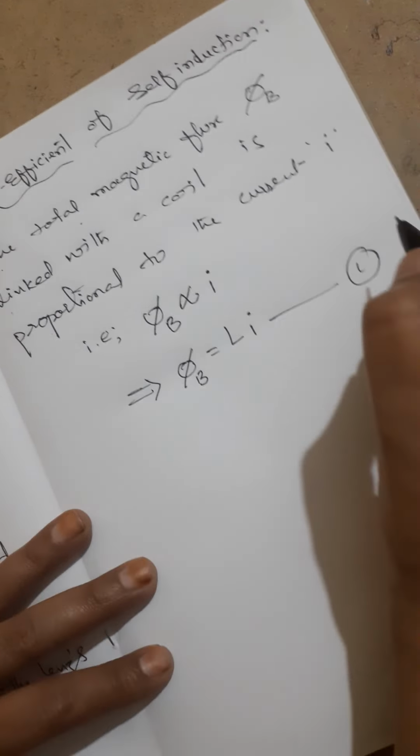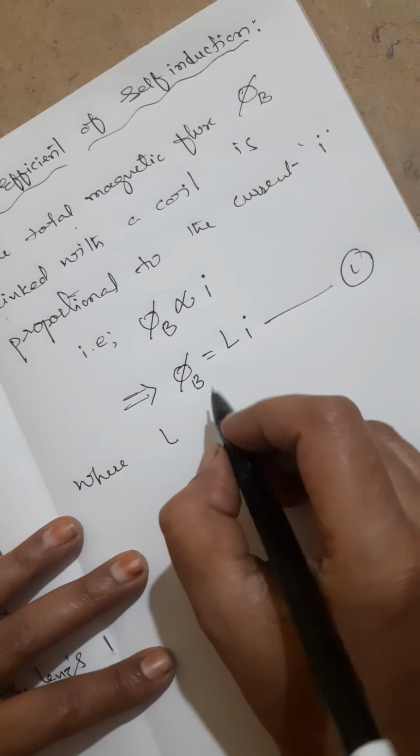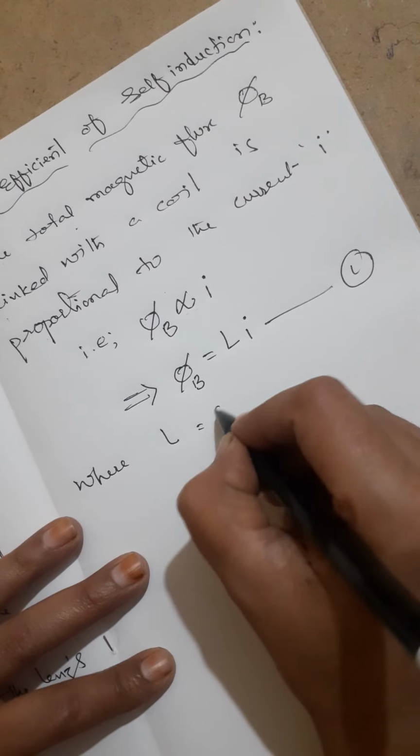Let us take this as equation number 1, where L is called the coefficient of self-induction.